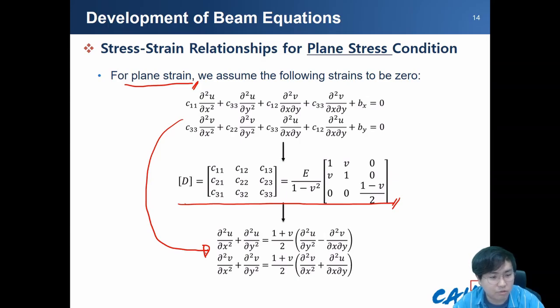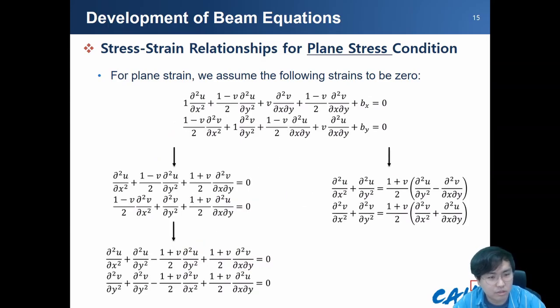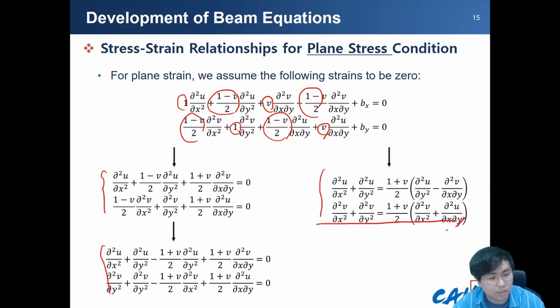I prepared how to derive or obtain those partial differential equations. First you add the elements of the elastic stiffness matrix of the plane strain directly, and then with some matrix manipulation we can obtain those mathematical partial differential equations.